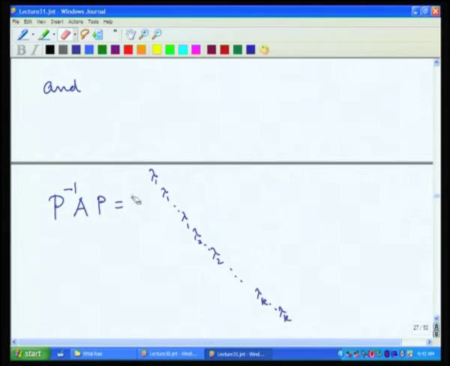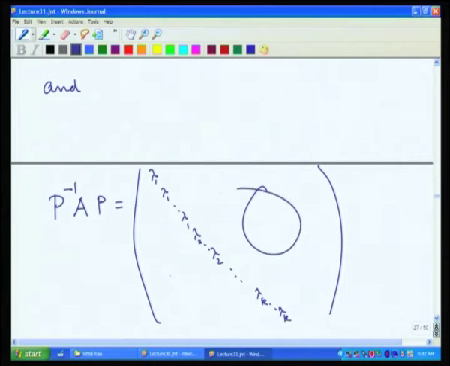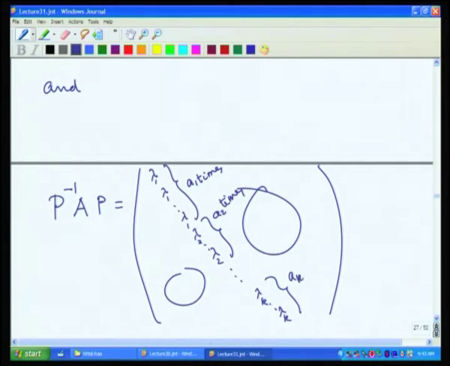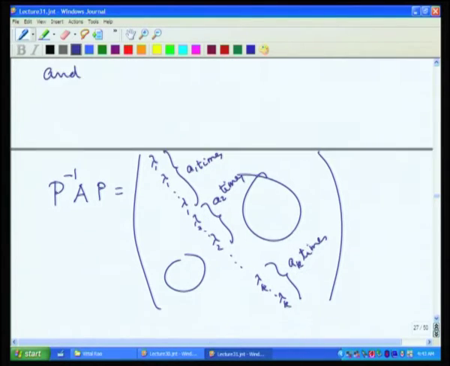So, this will be a big diagonal matrix, n by n, with lambda 1 appearing A 1 times, lambda 2 appearing A 2 times along the diagonal, and finally lambda k appearing A k times, and A becomes diagonalizable.